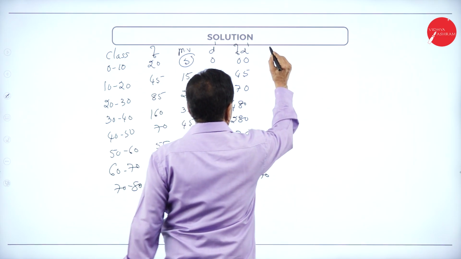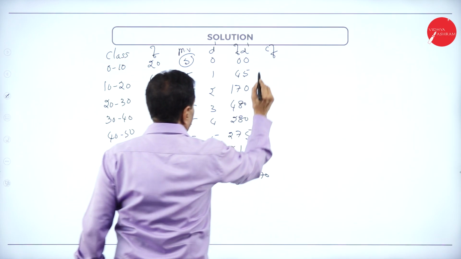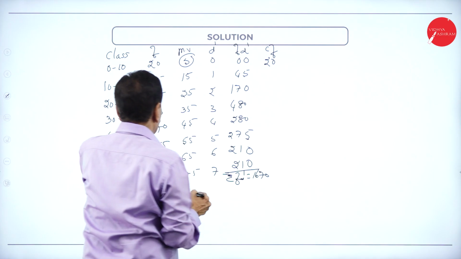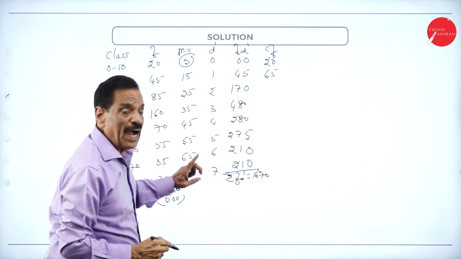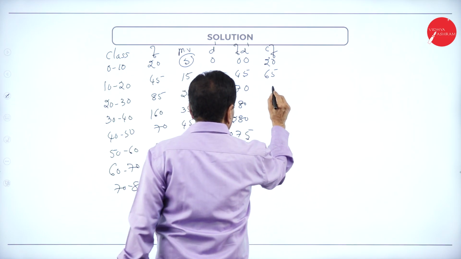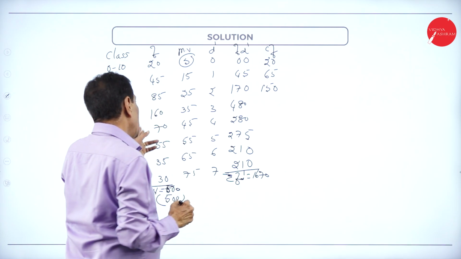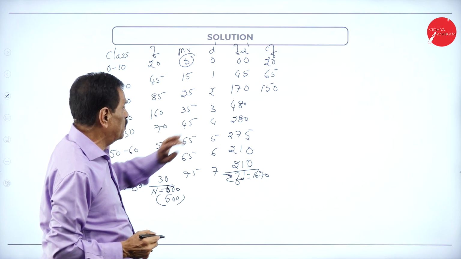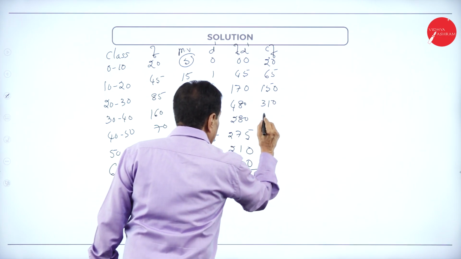Then CF, cumulative frequency. What is the first frequency? 20. Add 45, 65. To 65, add 85, 150. To 150, add 160, 310. Add 70, 380.